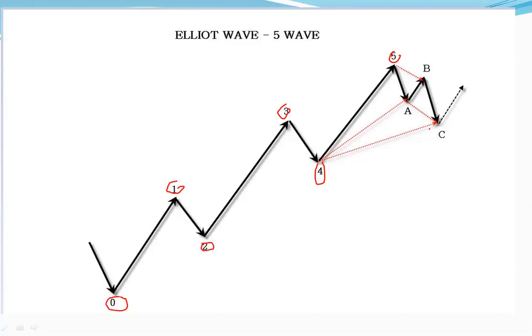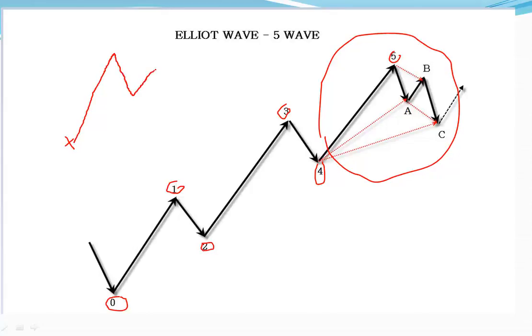When you have that corrective wave process right here, this actually also turns into that harmonic wave where you'll have what we call an X, A, B, C, D, and it looks something like that. What we call maybe a Gartley or a butterfly or a bat or a crab pattern, which we're going to discuss next week. But we can't discuss this until we discuss Elliott and the trend and understand the foundations that go behind these patterns.